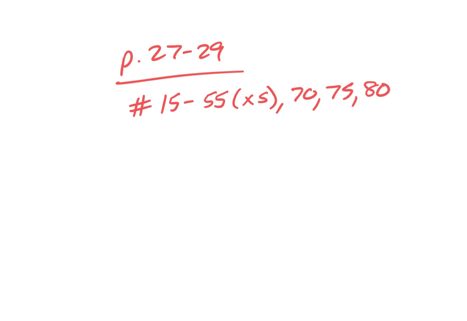We're going to start with number 15. And the next one we're going to do would be 20 and then 25. So we're just going to keep counting by 5s until we get up to 55. And then at the end, 70, 75, and 80. Sometimes we'll go by 5s, sometimes we may go by 3s or 4s, just depending on the section. But today we're going to go by 5s. Make sure you read the directions carefully on what you're doing on each one and what you're trying to do.